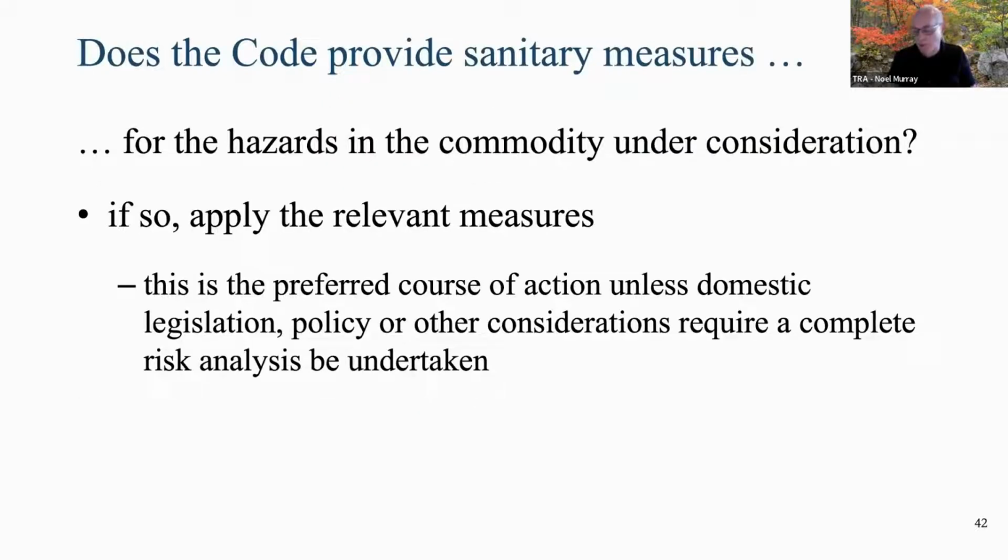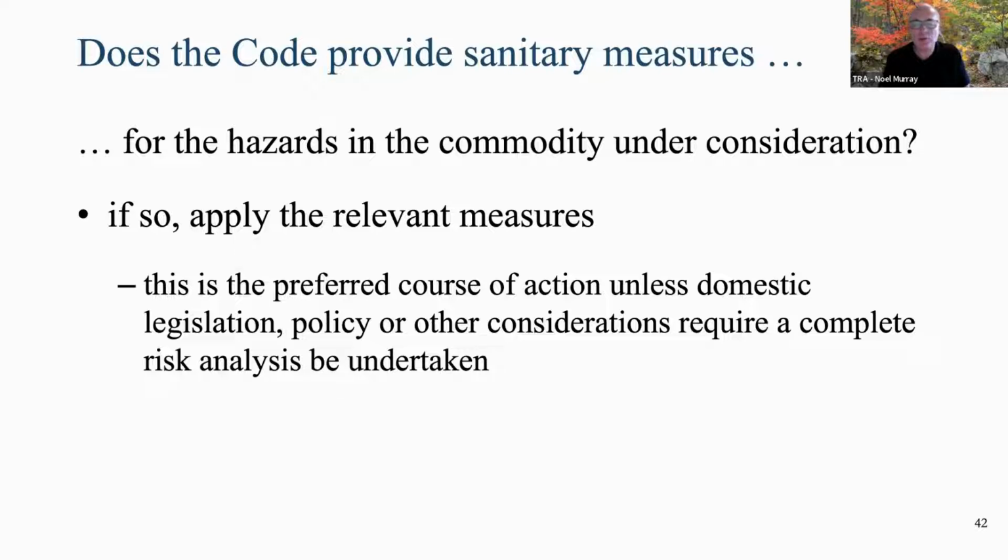Now, the next step, once we've identified our hazards, is to look at the code and to determine whether it provides any sanitary measures for that particular hazard in the commodity that we're considering. And if that's the case, then we would apply the relevant measures.